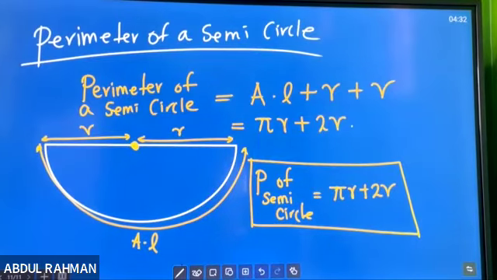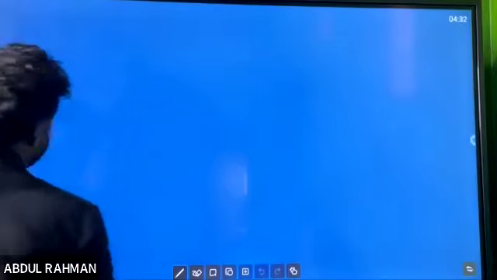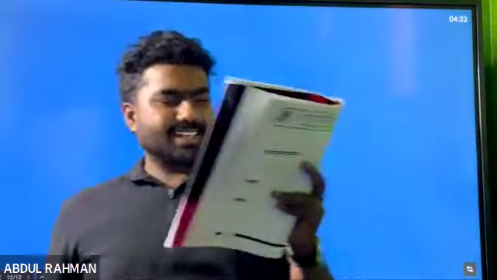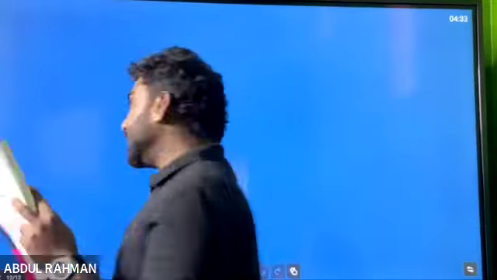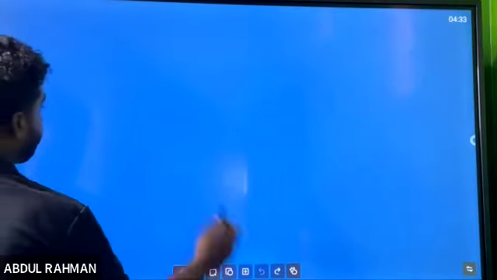Okay, all good. Let's move on to example number 1. They are saying, find the perimeter of the semicircle shown in the figure. So sorry, the length is not given, so I give the length.